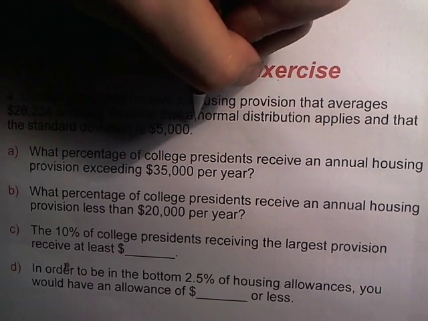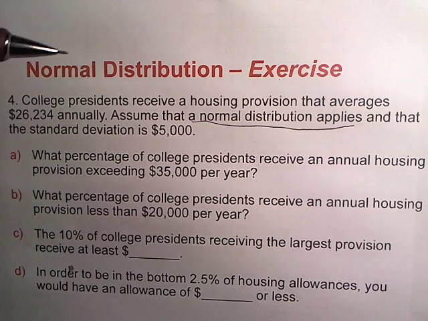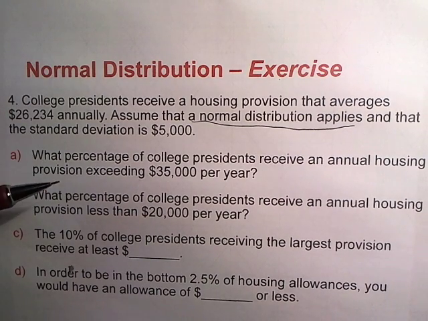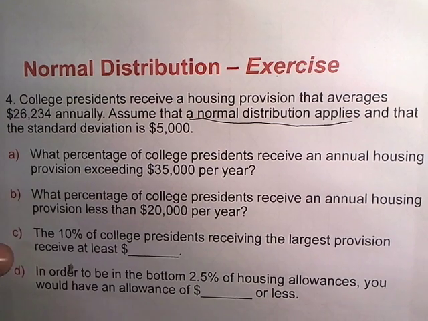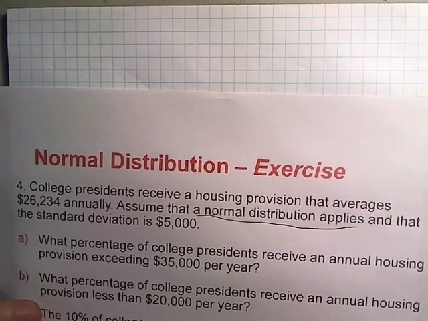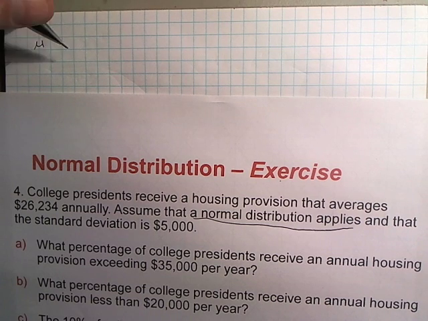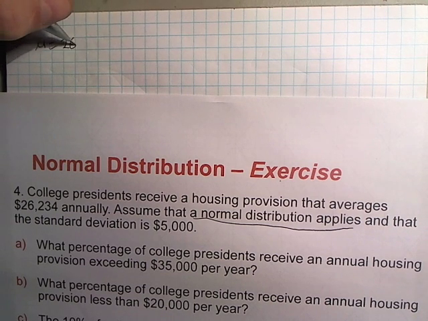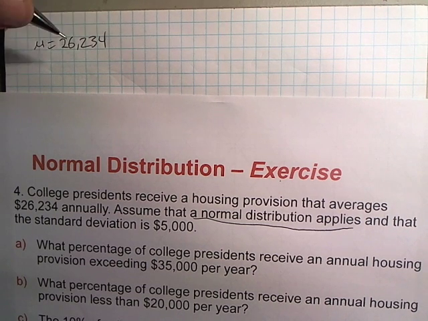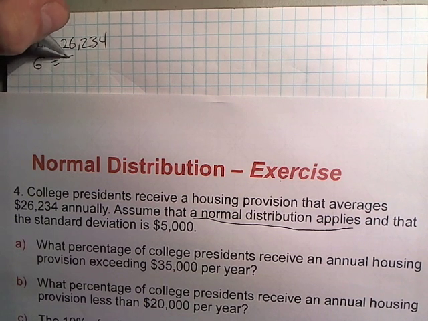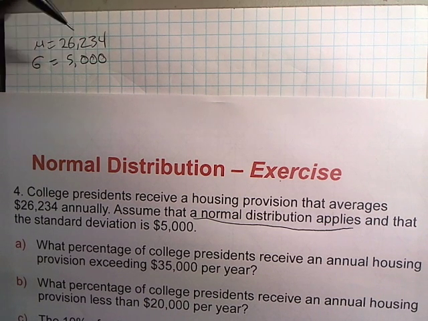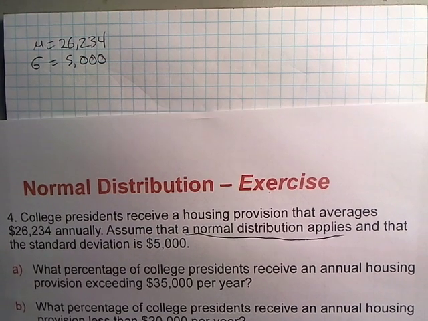Assume that a normal distribution applies and that the standard deviation is $5,000. So let's go ahead and jot down those relevant givens. The mean is 26,234 with a standard deviation of $5,000.